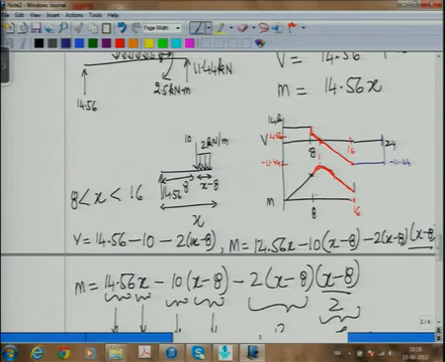So in the bending moment diagram, first there will be a jump of 2.5, and after that, because the shear force diagram is just straight, the bending moment diagram will be a straight line. It will no longer be a quadratic curve.